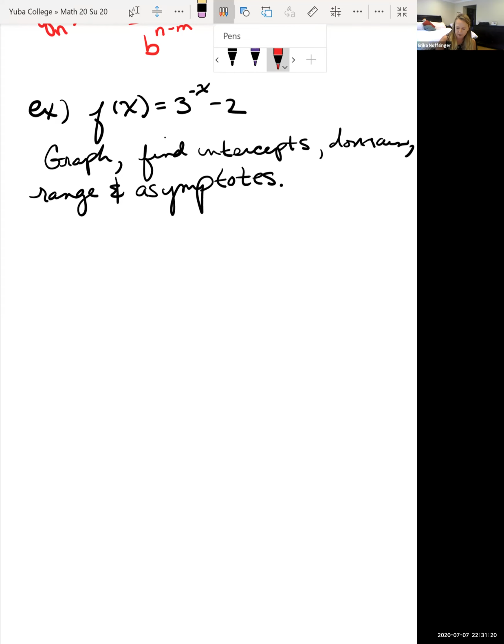And my parent function would be y equals 3 raised to the x power. I think they called it something else besides parent function. But basically, we were doing transformations on this graph.